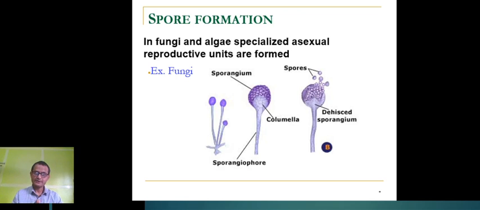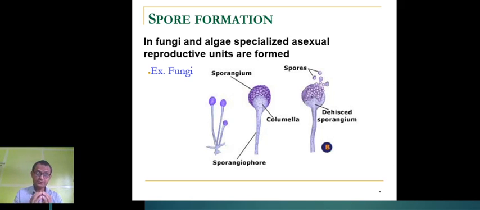Another kind of asexual reproduction is spore formation. Spores are basically microscopic. In fungi, mushrooms, and different kinds of aquatic algae, you can find this kind of specialized asexual reproduction.